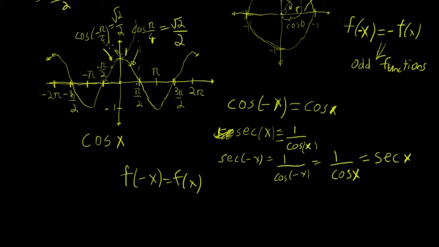It'll be 1 wherever cosine's 1. So it basically looks like that. This is cosine. This is the secant function.